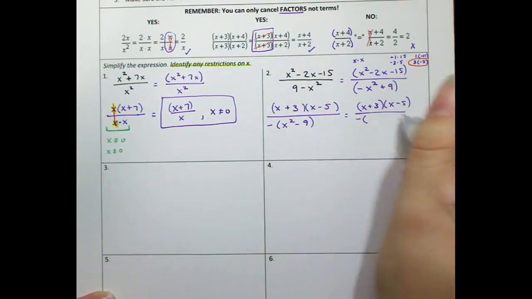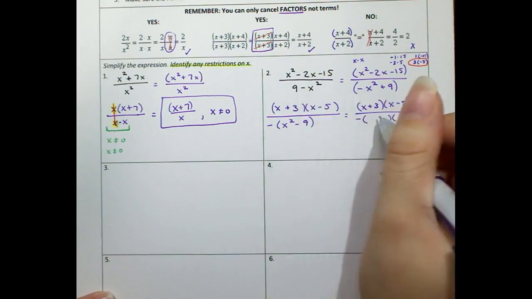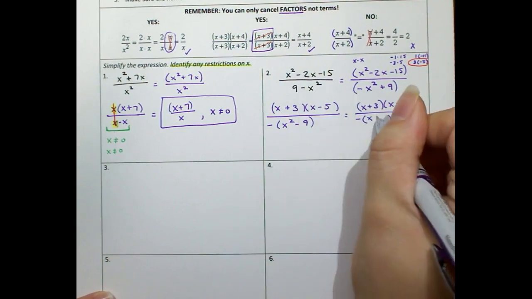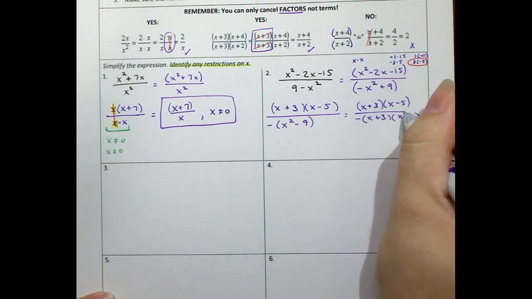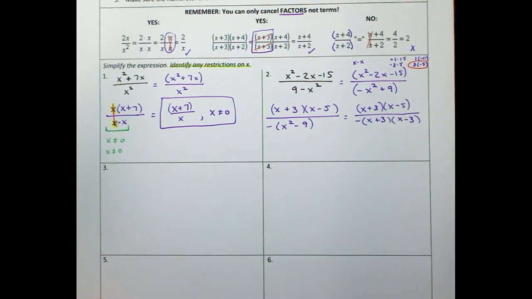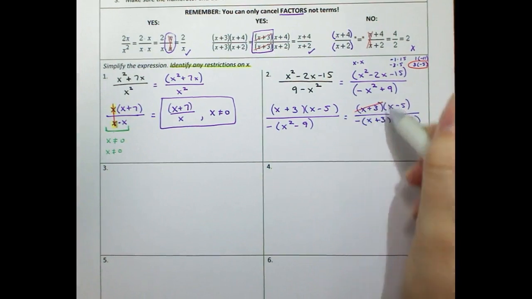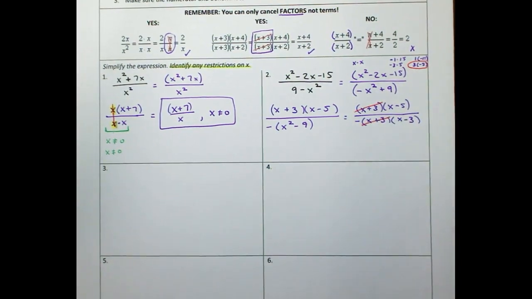Now, that's a difference of squares. So remember, difference of squares is going to be x and x, plus and minus 3 and 3. So now we're looking for common factors. So notice we have this x plus 3 and this x plus 3 on top and bottom. The entire factor can cancel out.